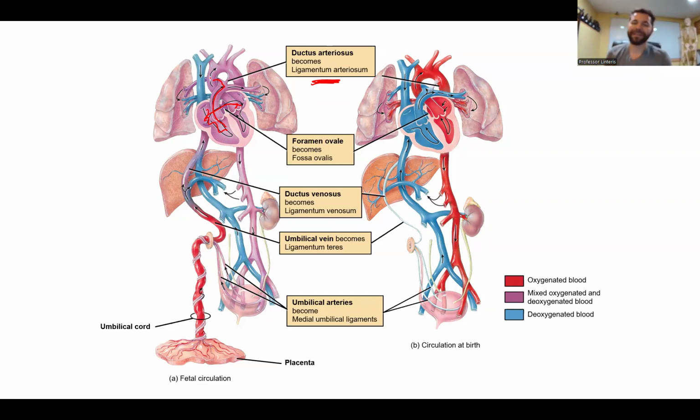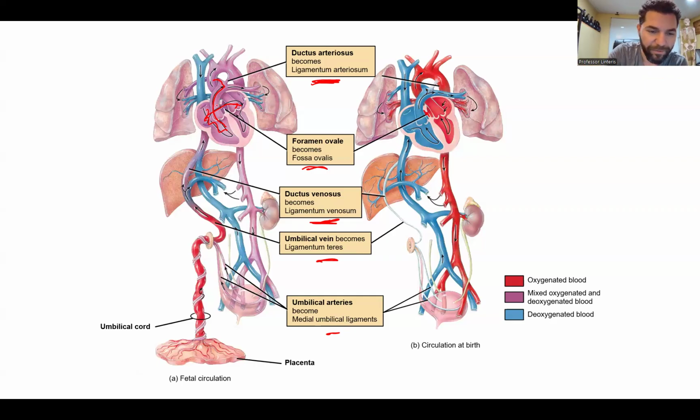One of those is called the ductus arteriosus. We have the foramen ovale, and all these were mentioned in the heart in A&P1. We have some things that are involved with liver. Here you can see the umbilical cord, veins, and arteries, respectively. But specifically in relation to the heart, there's the ductus arteriosus and the foramen ovale. The foramen ovale should close up, and it becomes the fossa ovalis.